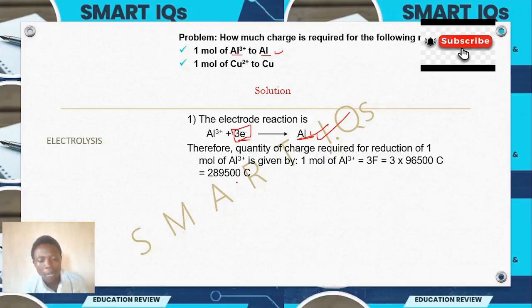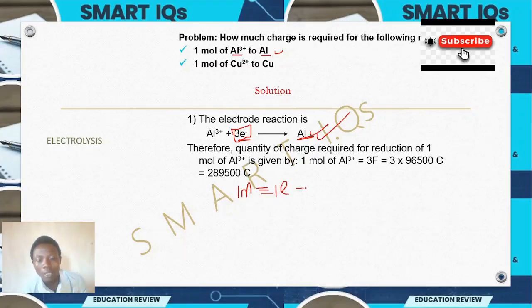As far as Michael Faraday's electrolysis is concerned, the laws, the first law, the second law, we have a constant there that tells us that 1 mole of substance will be equivalent to 1 electron. Good.